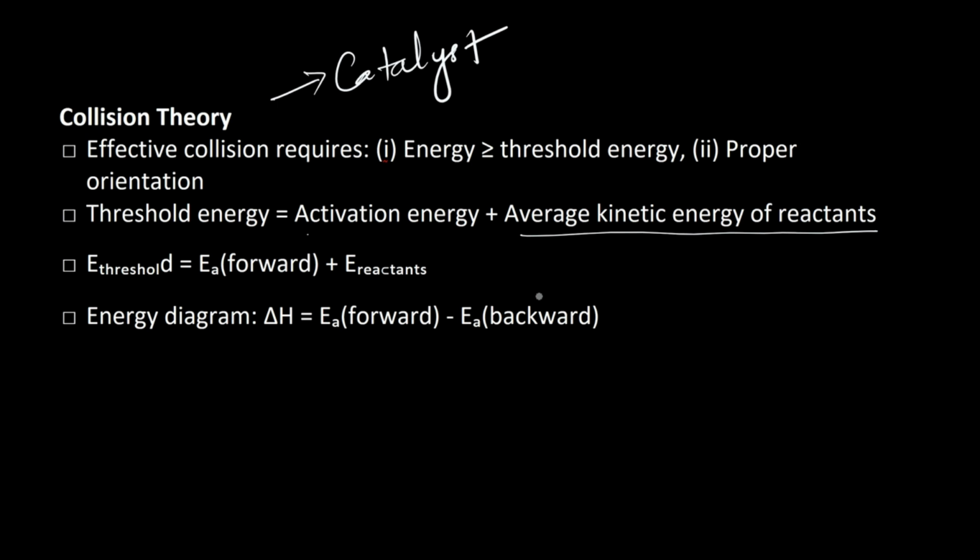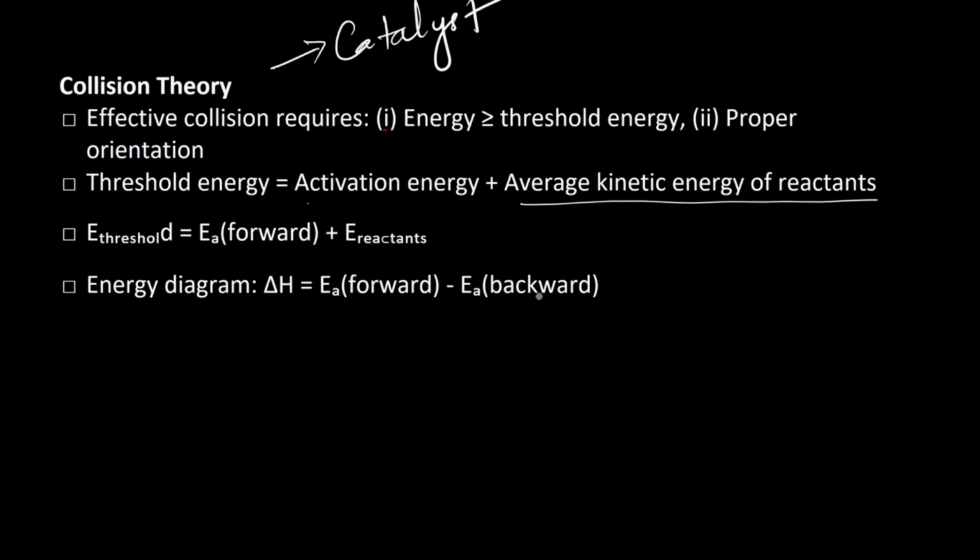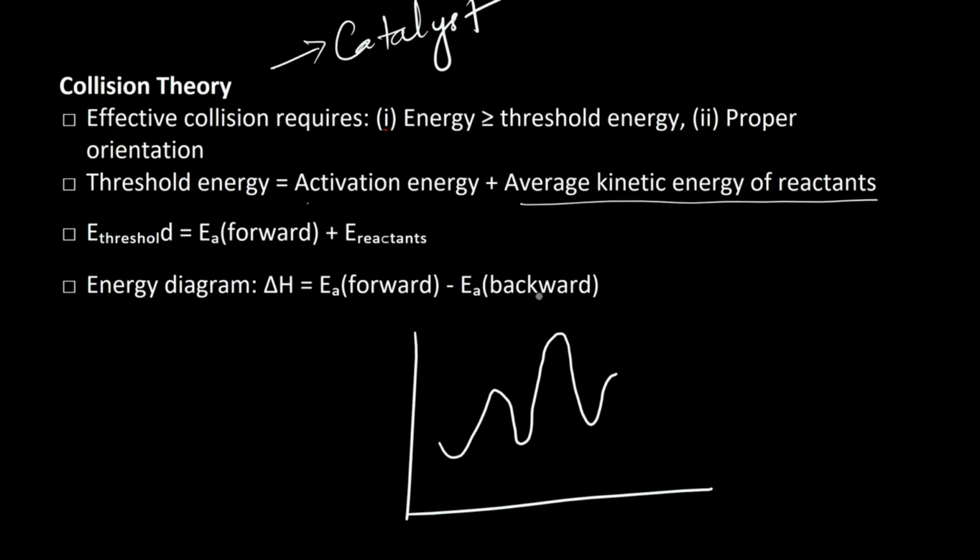The energy diagram, if that is given, here I just want to tell you a few things. Let's say I'm starting the reaction from here, the reactant is here. So tell me, is the reactant more stable or the product more stable? Of course, the reactant is more stable because that is having less energy. Let's say this is the reaction coordinate, this is energy.